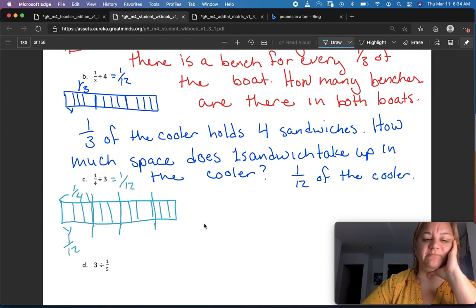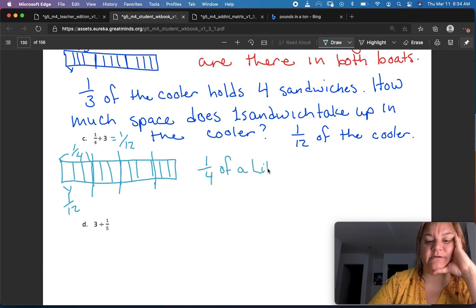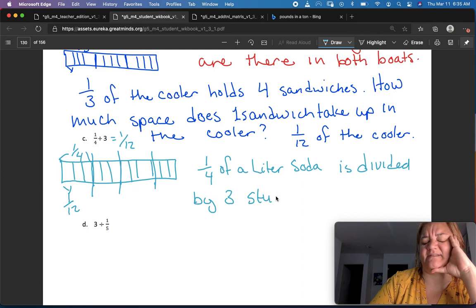Okay. And what's my story problem for this one going to be? 1/4 of a liter of soda is divided by 3 students on the beach, obviously.